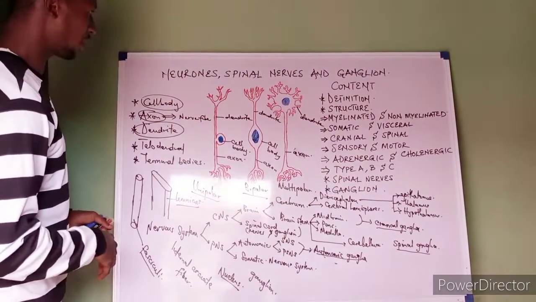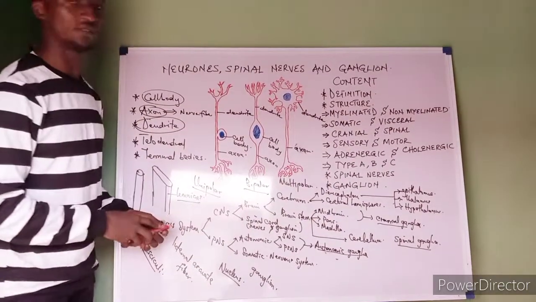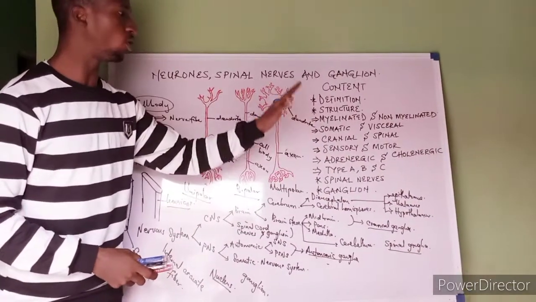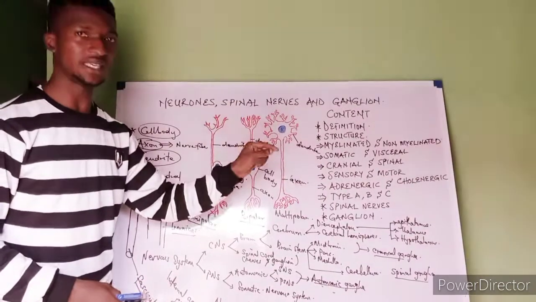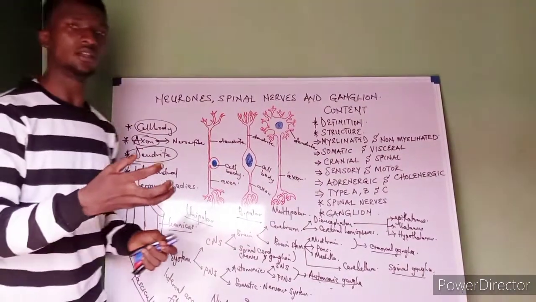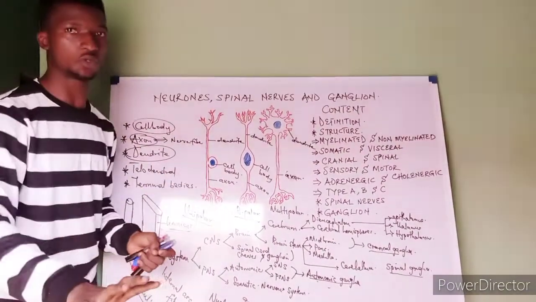Okay, now let's come to the classification of nerve cells. We classify nerve cells into myelinated and non-myelinated nerve cells. What do we mean by myelinated? Myelinated means that there are supporting cells in which nerve cells are always found.